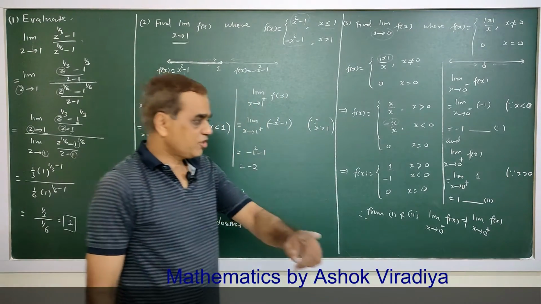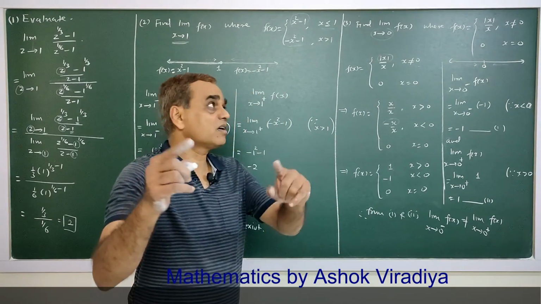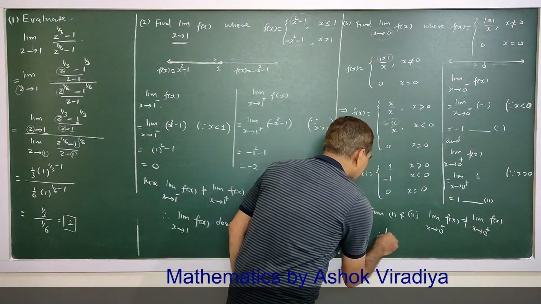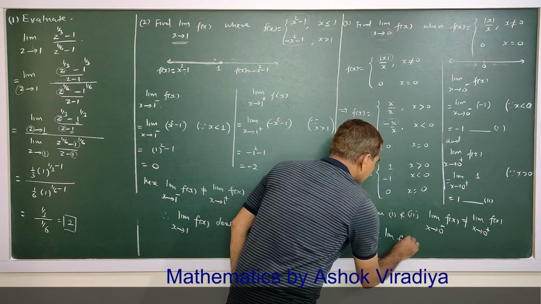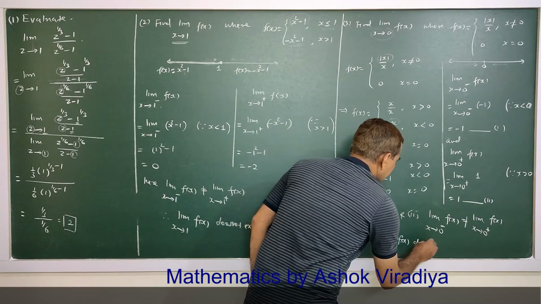So by definition, at 0 the limit does not exist. Therefore, the limit of f(x) as x tends to 0 does not exist.